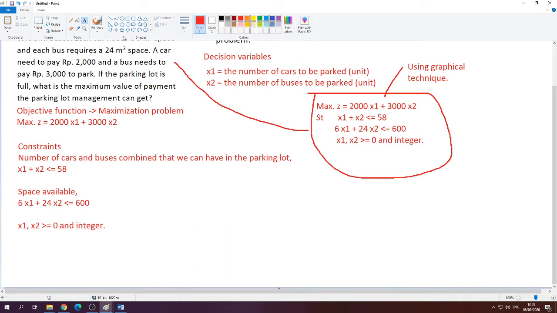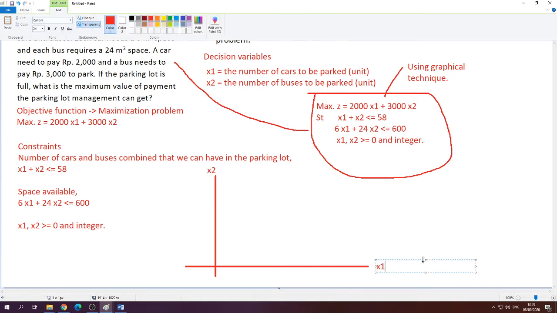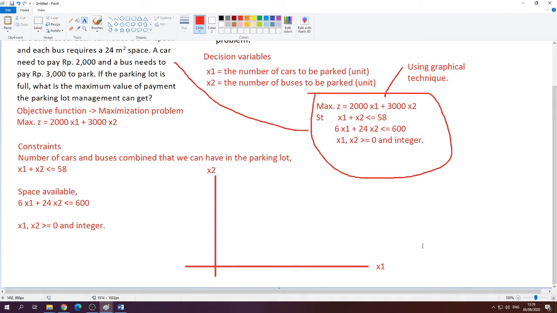So I need to have the x2 and x1 space. Now see the first constraint, x1 plus x2 less than or equal to 58.